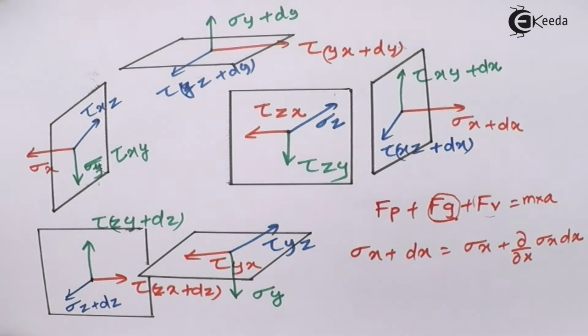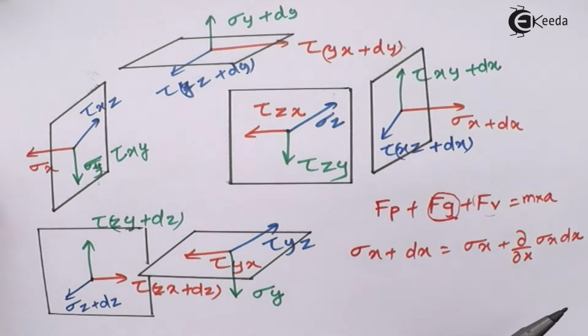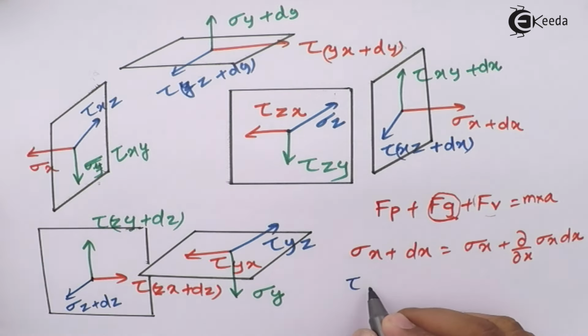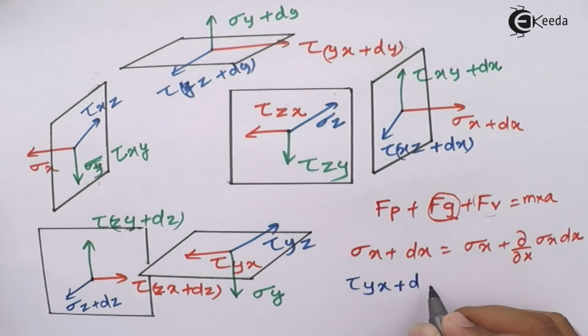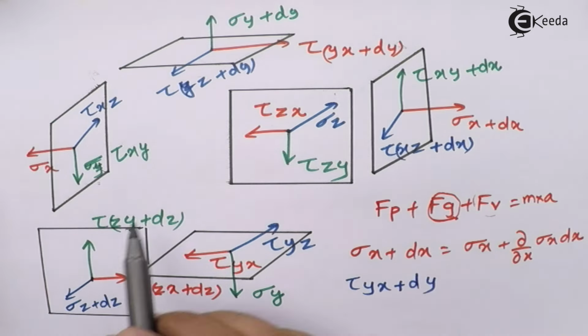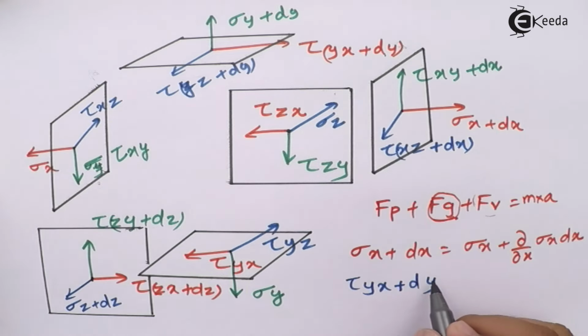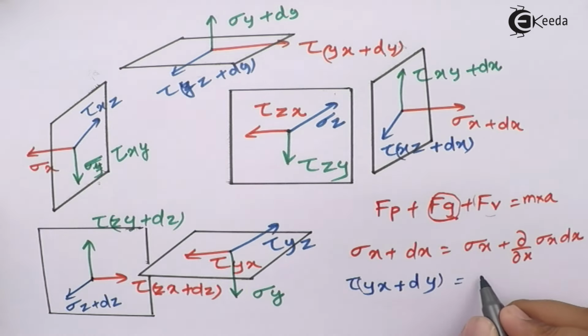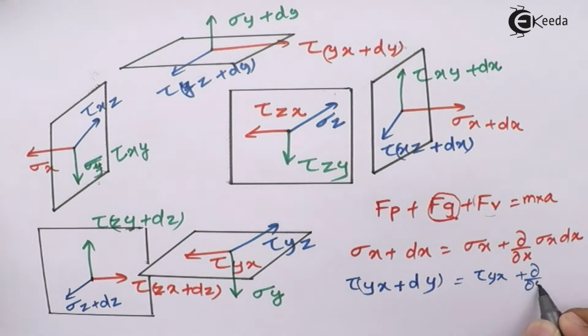Similarly, tau of y plane x direction plus dy will be given as tau yx plus dou by dou y of tau yx into dy.